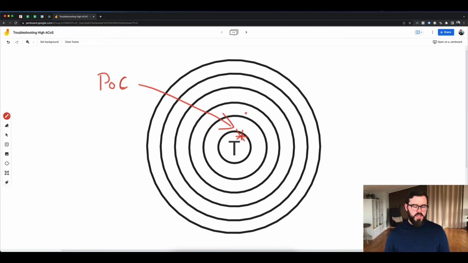This is important to understand, because if it's not working, like let's say the ACoS is 75%, and you go and basically go broader, and you launch more ads, the ACoS is just going to go even higher on these.